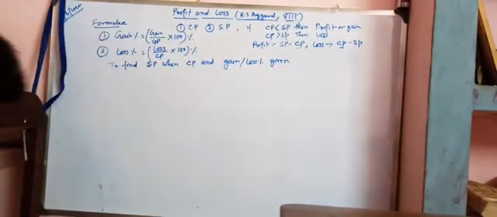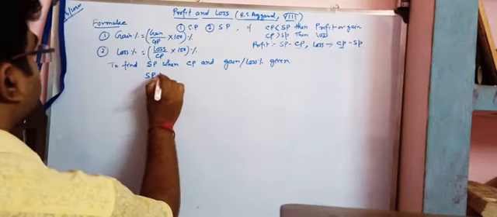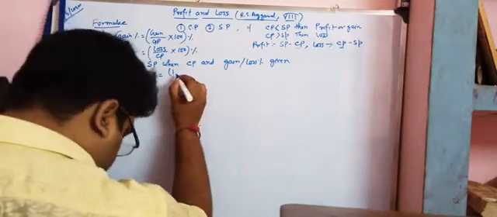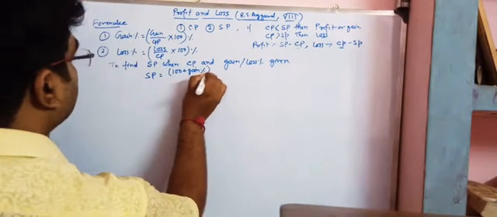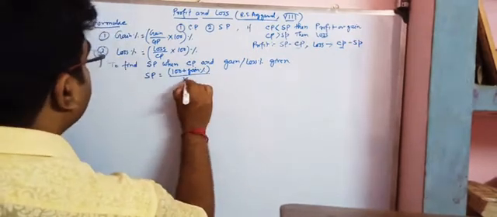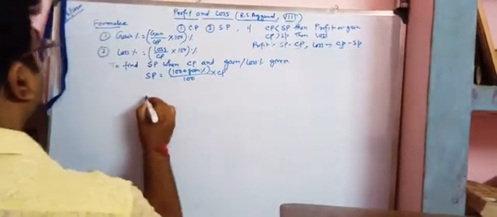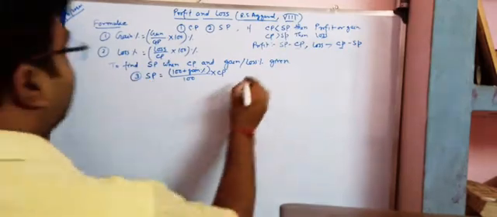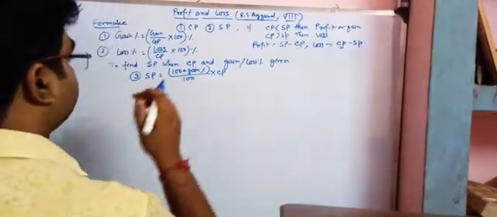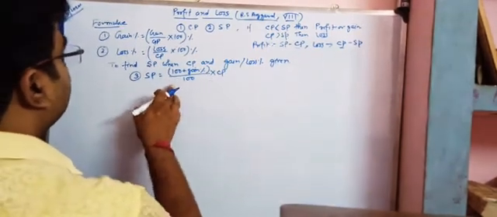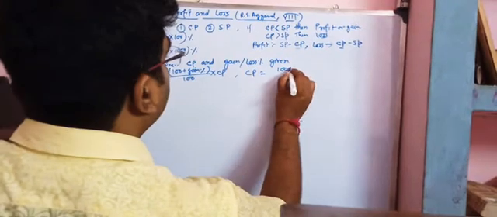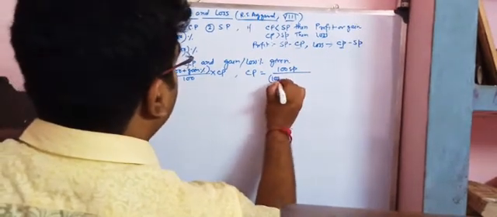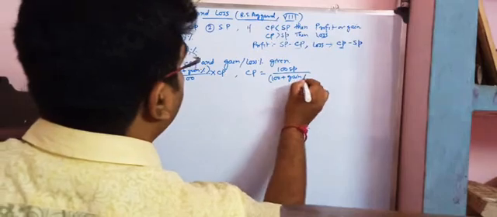So we have to put the formula SP equals 100 plus gain percent by 100 into CP. Okay, this is my third formula, and from here we can easily compute that CP is equal to 100 into SP by 100 plus gain percent.